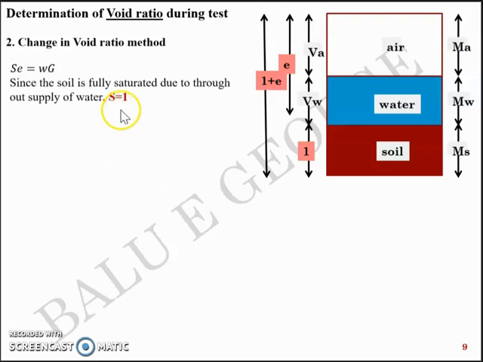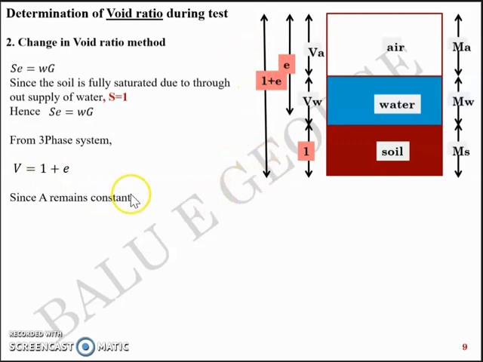So S, or degree of saturation, is unity, which means Se equal to wG becomes e equal to wG as well. Now from the three-phase system diagram, volume is 1 plus e, and since area remains constant for the soil sample, H equal to 1 plus e is also a logical representation.